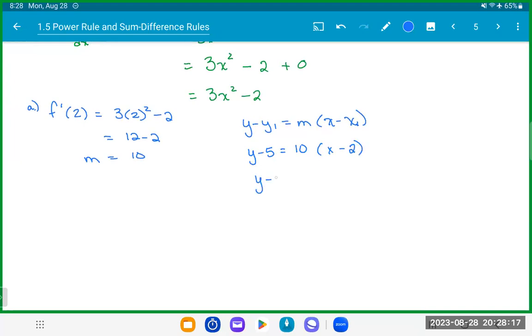So this is y minus 5 equals 10x minus 20. I can add 5 to both sides, and I get that y is equal to 10x minus 15. So the line that's tangent at the point 2, 5 is y equals 10x minus 15. Okay, questions?